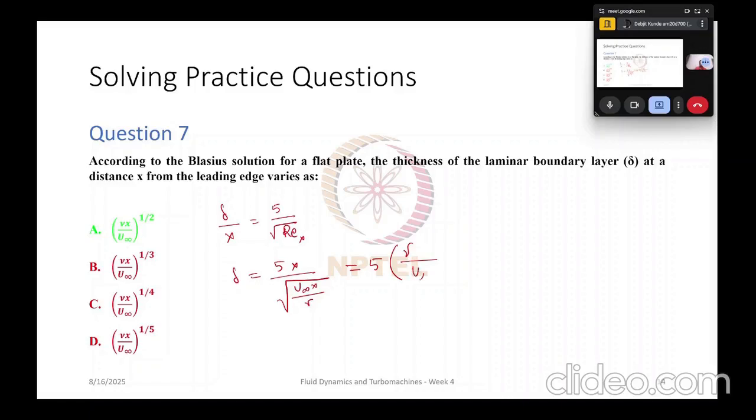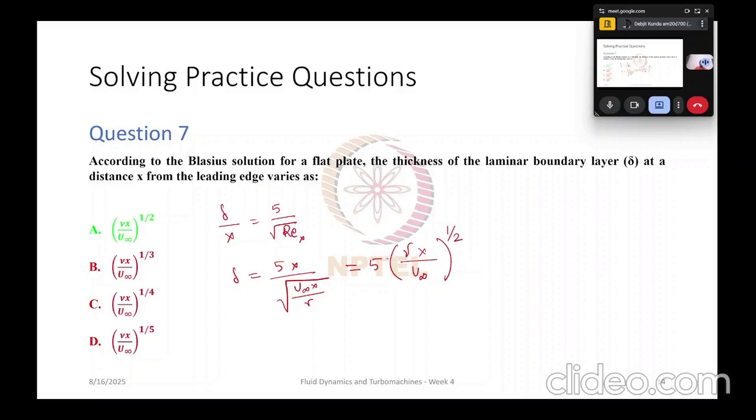We have u infinity over here, and we have x, and this whole thing is power half. So x power 1 minus half becomes x power half. There's a nu over here which can be written in the numerator, and u infinity stays as it is.